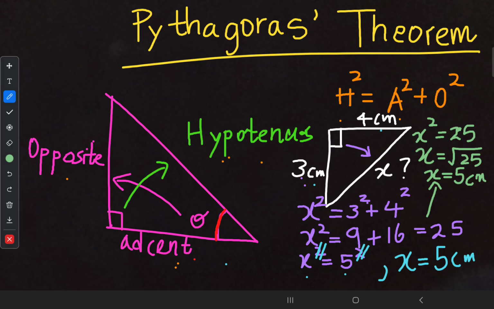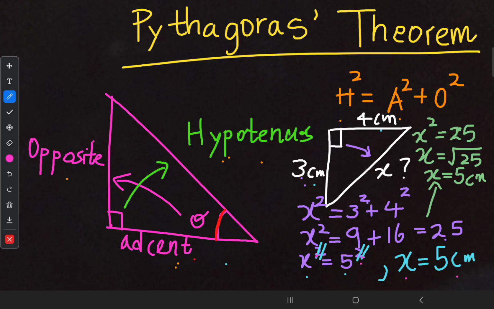Both methods are similar. If you are clear with square functions, we can directly find our answer. 25 can be written as 5 square, so x square equals 5 square. Then let's neglect the powers, since both have the power 2. So x equals 5 centimeters.